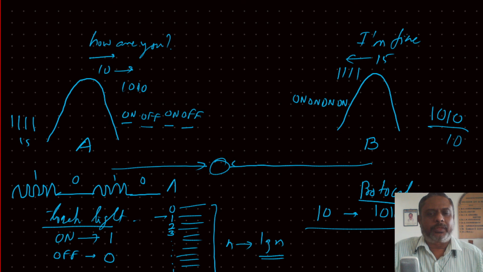This is called ASK. So that's a simple analogy to explain what ASK is. But it has some problems. We will see what the problem with ASK is and how it can be solved in our next session. Thank you.